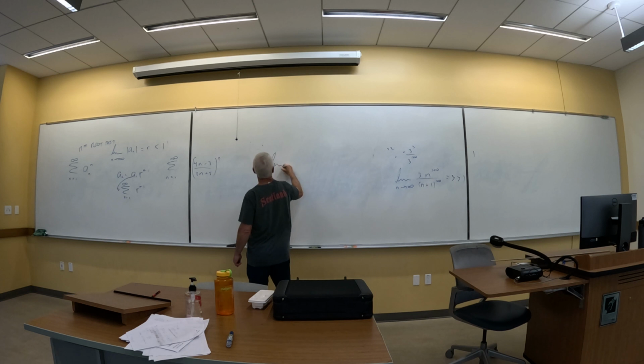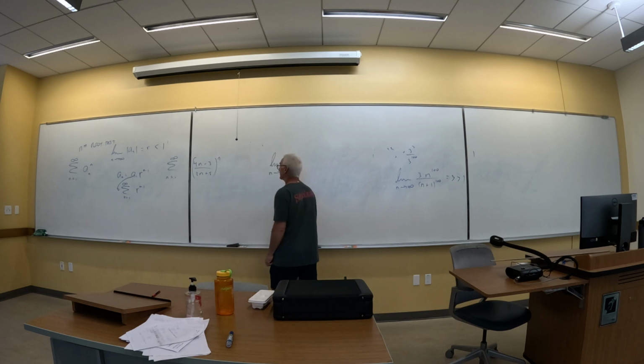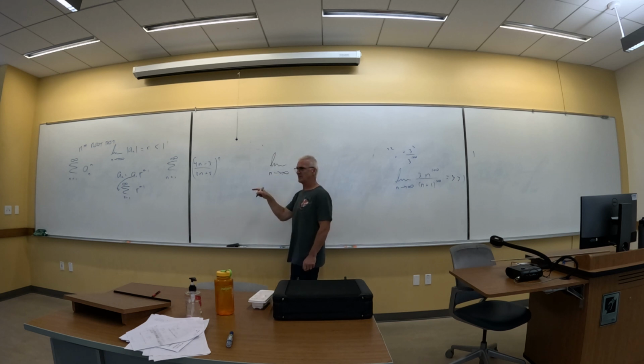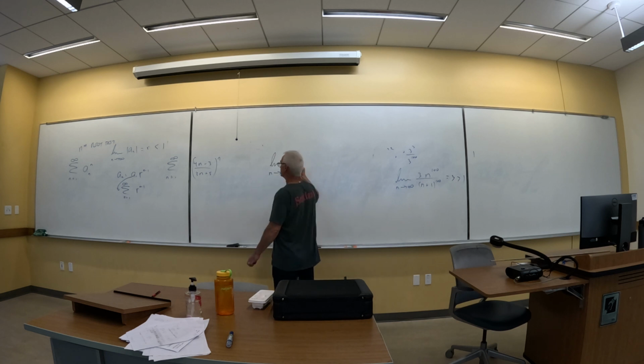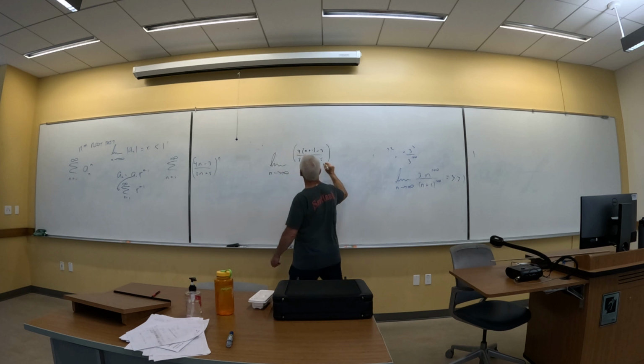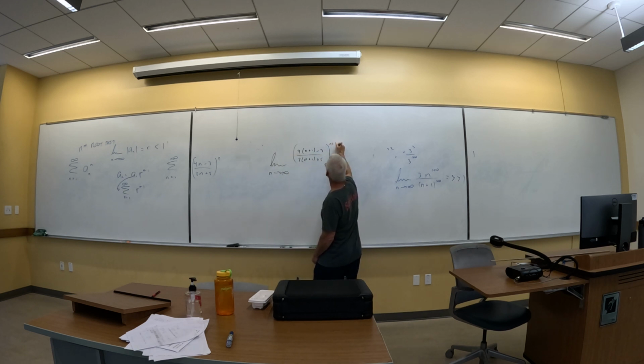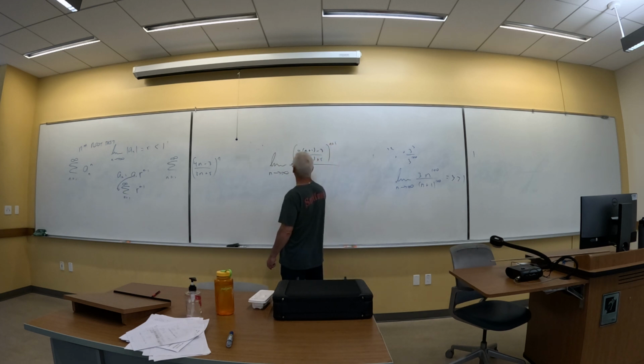So I would take the limit as n goes to infinity of, now what's the n plus first term? Careful. I'm replacing n with n plus 1. I'll just write it: (4(n+1) minus 3) over (3(n+1) plus 5), and all of that is being raised to the n plus 1 power, and then I want all of that over (4n minus 3) over (3n plus 5) to the nth power.